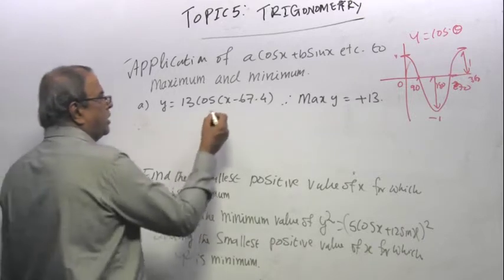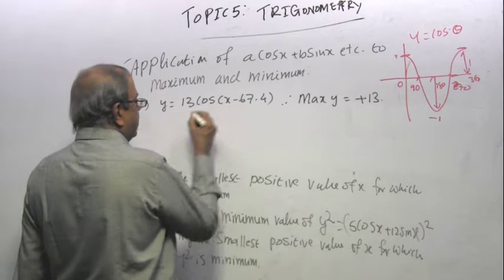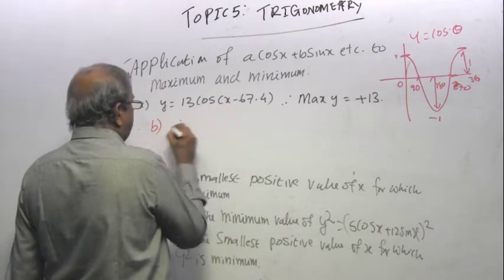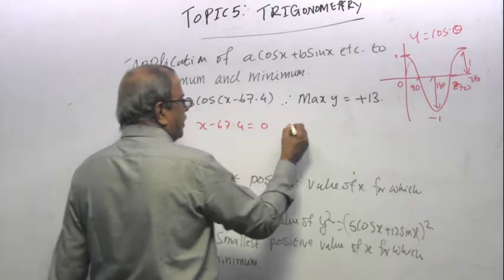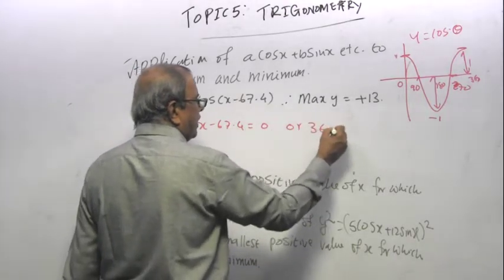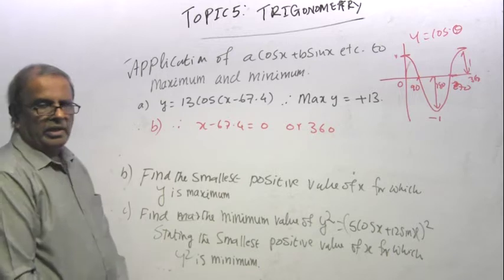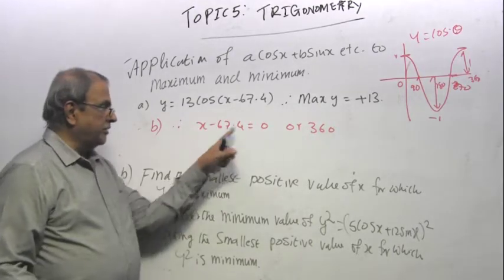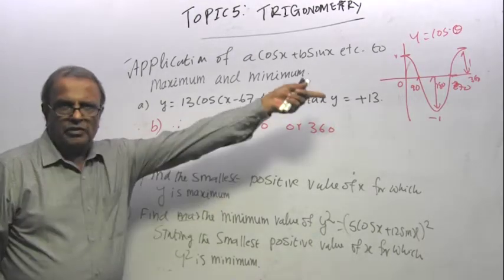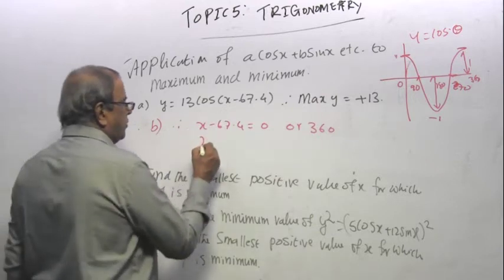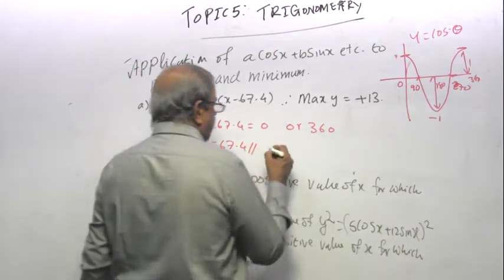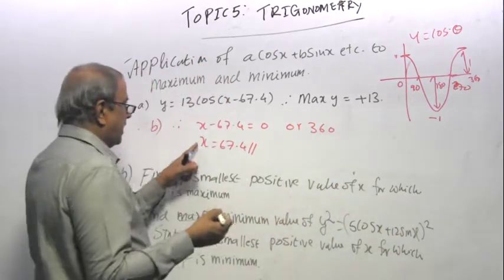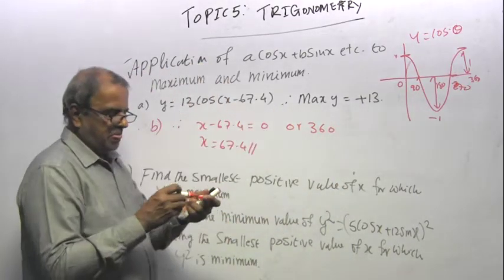So therefore, but your theta here is x minus 67.4, therefore, part B, x minus 67.4 equals 0 or 360. Why do we consider both? Because if this were to be plus, I would get a negative angle. Then I need to go for the next one. So x equals 67.4. That would be the angle where y becomes maximum.